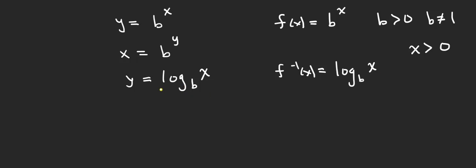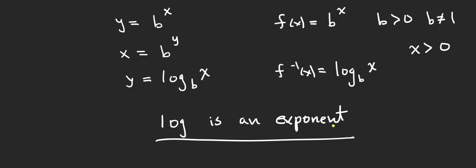So if you think about it, log is basically the exponent. Log is an exponent. If you remember that log is an exponent, it's going to help you solve logarithmic problems.